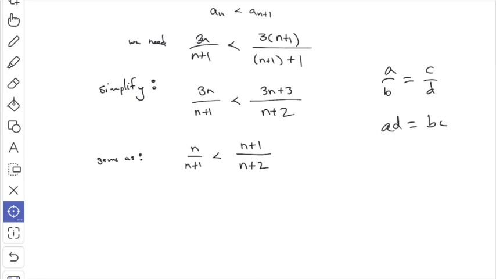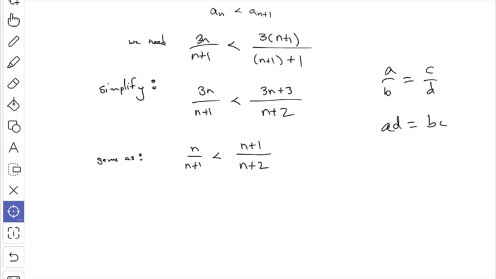Are you allowed to do that on an inequality? Yeah, you're allowed to multiply both sides. In this case, I multiply both sides by n plus 1, and also multiply both sides by n plus 2. Everything's fine. Do I need to change the direction of the inequality? You've got to ask yourself, am I multiplying by a negative number? The answer is no, because n is positive, so n plus 2 is positive, and also n plus 1 is positive.